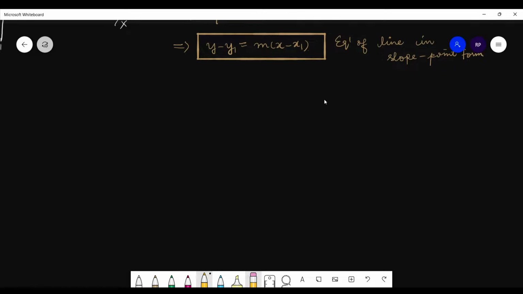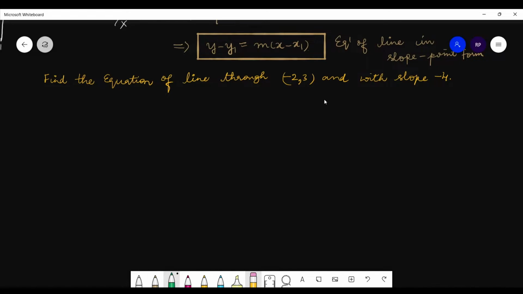Now let us take an example. How do we know which form of equation of line to use? Now let me give you a question. Find the equation of the line through minus 2 comma 3 and with slope minus 4.